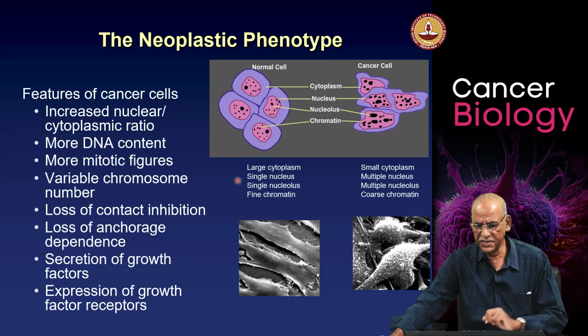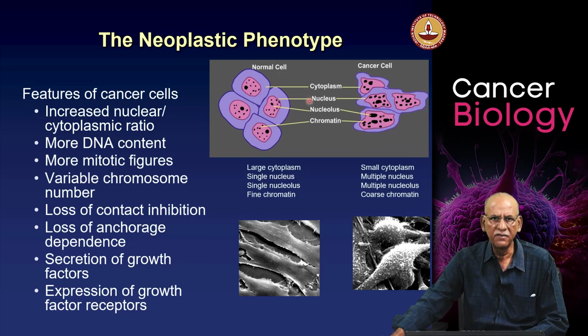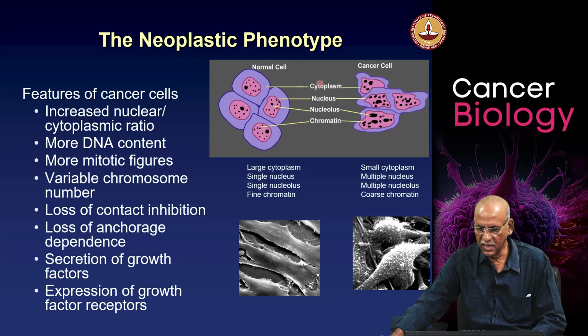We have just given a schematic diagram to understand some of the phenotypic differences between a normal cell and a cancer cell. You have cytoplasm, nucleus, nucleolus, chromatin, all those things, but you can see the nucleus is full of nuclear material. So many fragmented nuclei are there.